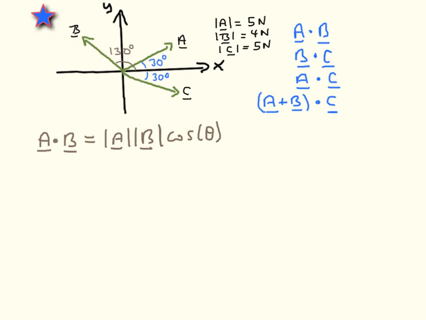So in this particular case here, A is here, B is here, their magnitudes are 5 newtons, I'm taking examples of force vectors, and B is 4 newtons, and the angle between them is marked here as 130 degrees. So what we have is that the scalar product of A and B is 5 times 4 times the cosine of 130 degrees.